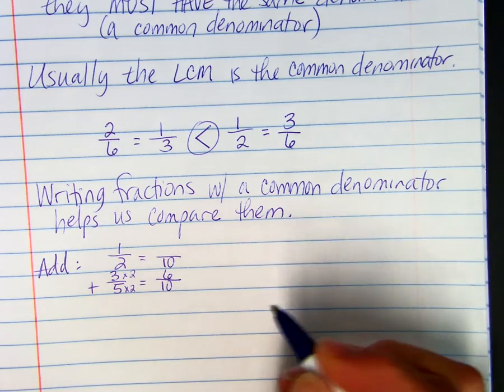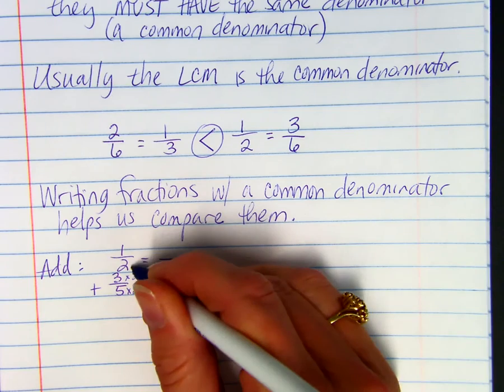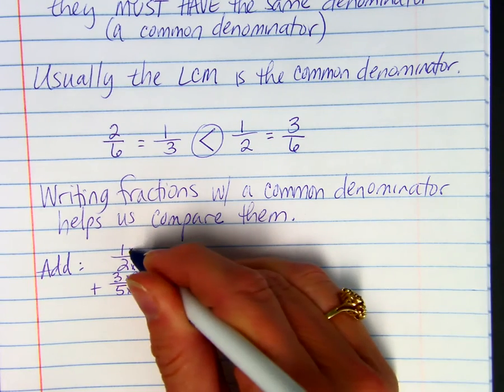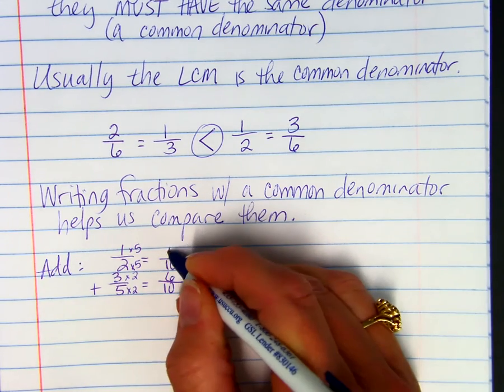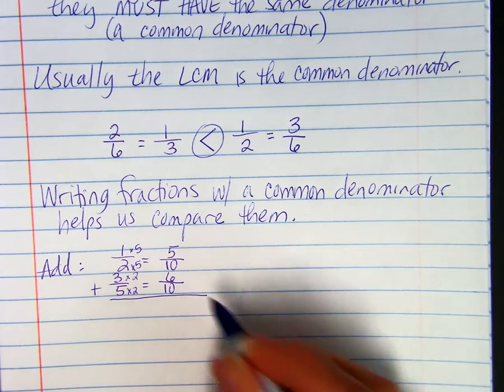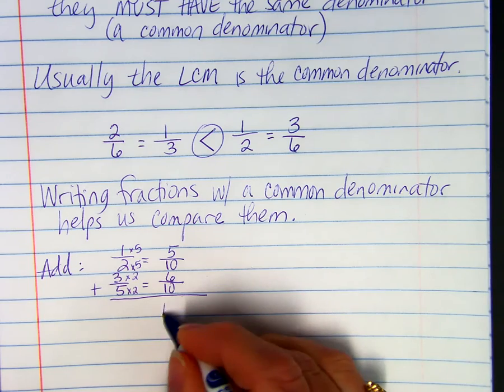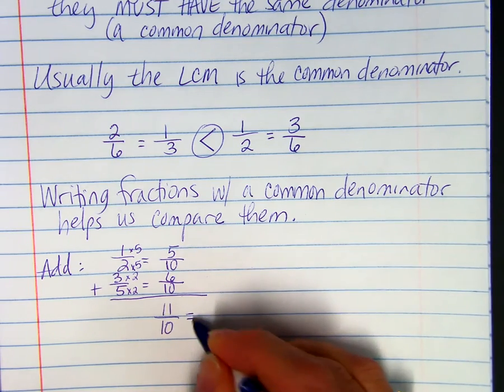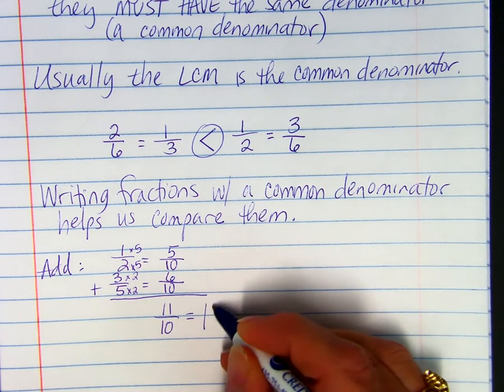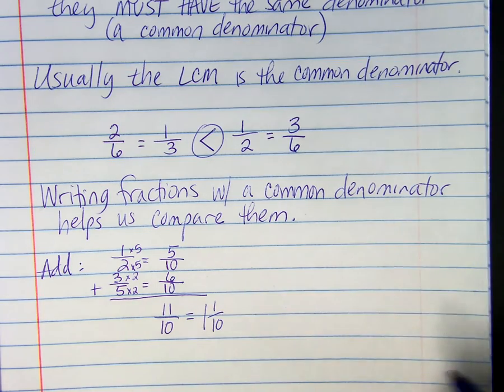So this would be 6/10. And then 2 times 5 is 10, and 1 times 5 would be 5 for a new numerator. We'll add 5/10 and 6/10 to get 11/10, which is the same as 1 and 1/10.